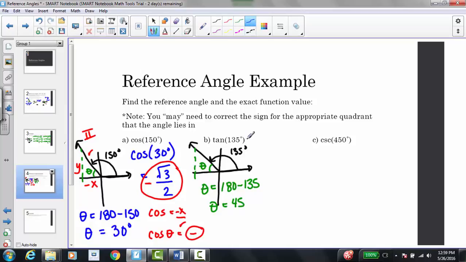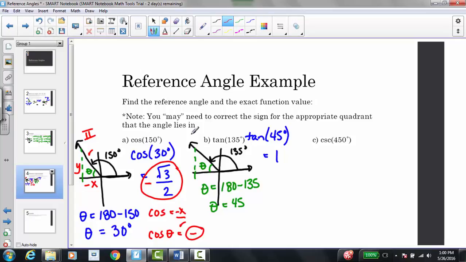So instead of trying to find the tangent of 135 degrees, we can just find the tangent of 45 degrees. Again, remembering back to the triangles and trigonometry video, we found that the tangent of 45 degrees equals 1. But the tangent of 45 degrees in quadrant 1 is always going to be positive.